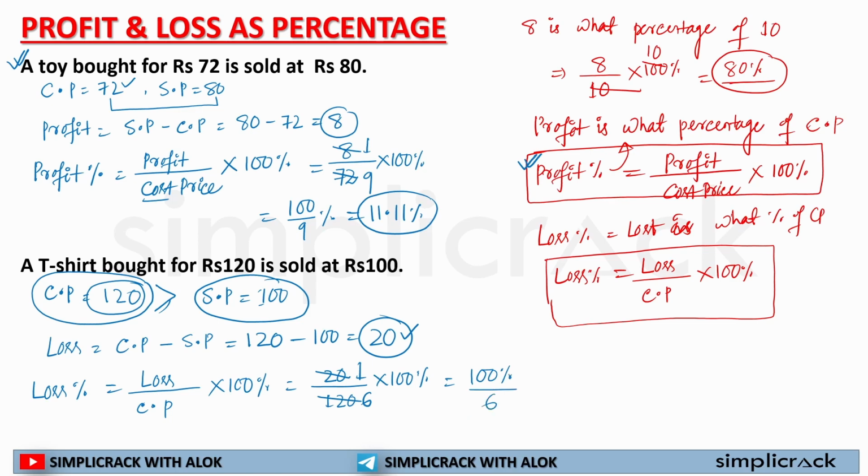So if you have already solved the homeworks I have already given, you will know 100 divided by 6 is equal to 16.67%. So in the second question, my loss percentage is 16.67%.